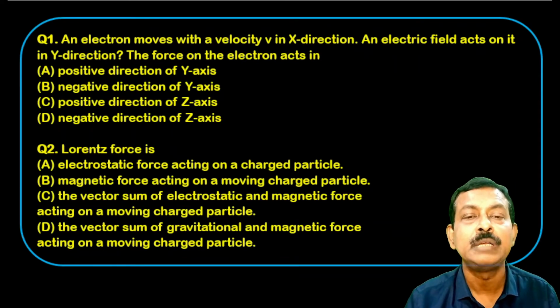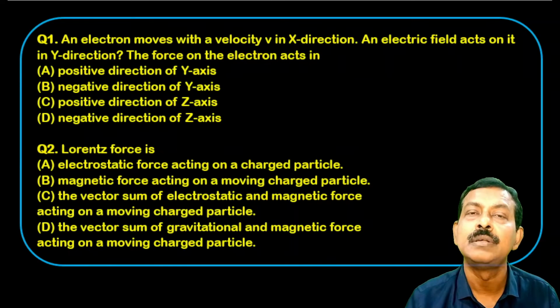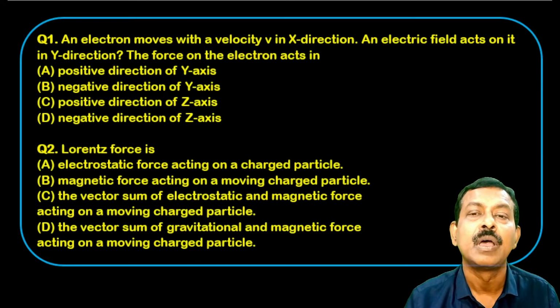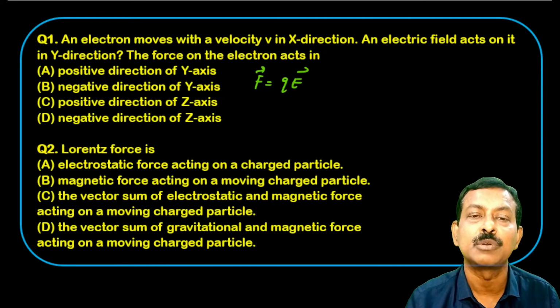Now remember, if you have a charged particle moving in a region of electric field or magnetic field, it will experience force. The force on the charged particle in an electric field is given as F equals QE.